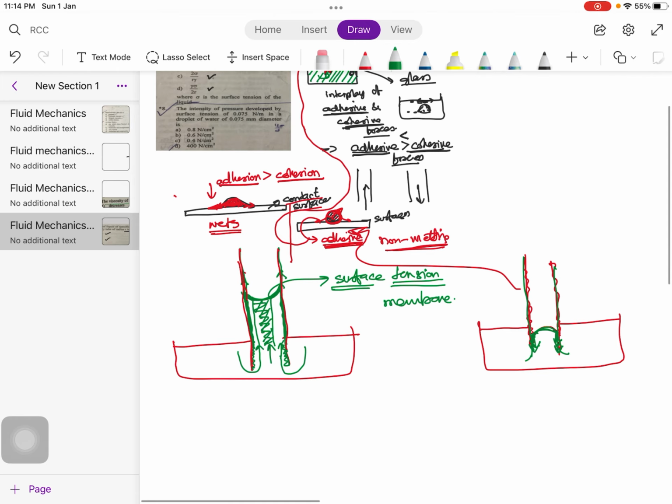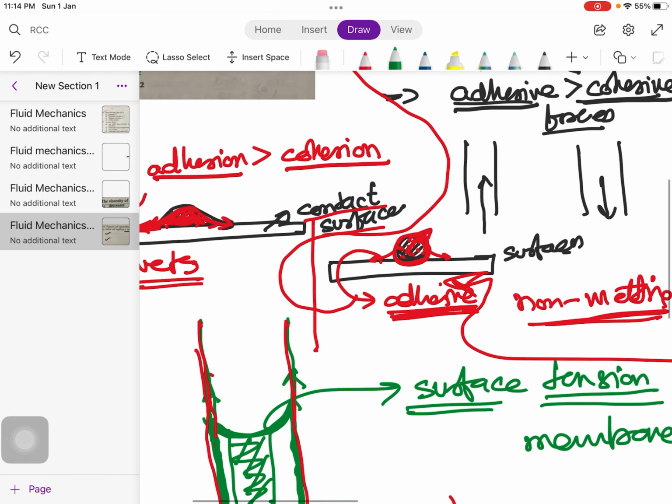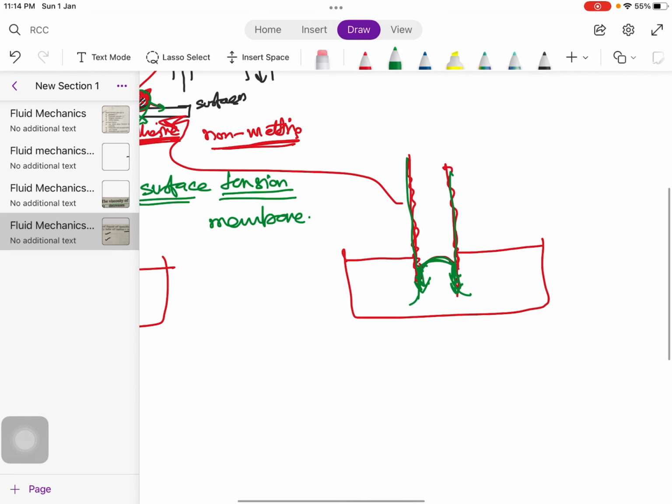This is similar to the phenomenon we observe here: the liquid droplet does not flatten itself over this surface, rather it tries to retain its shape. The same kind of phenomenon is observed here.